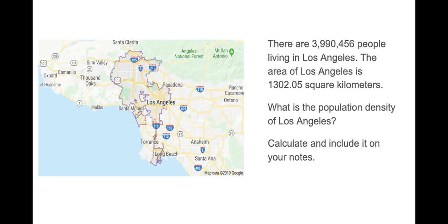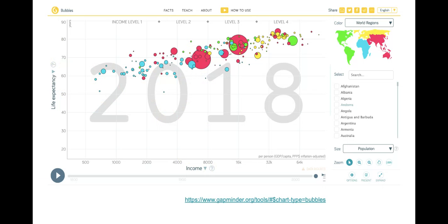Now, because you're going to use calculators, we were told that you're going to be given specific or real numbers. And of course, they would pick places that are highly populated and they will tell you, okay, calculate the population density. So if you could add this answer to your notes, that would be great. This is the information from 2019 data for LA.